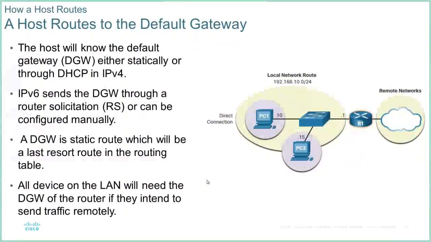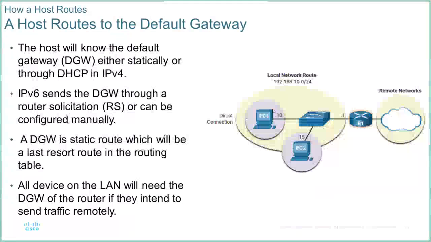So host routes. We will have a look at the host table and have a look at what is actually in there. But basically we need to have an entry.